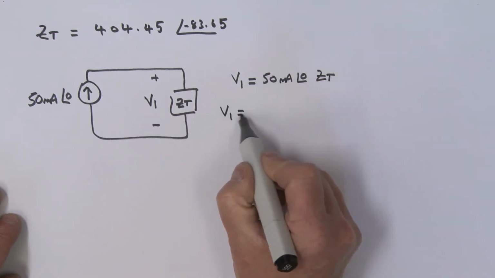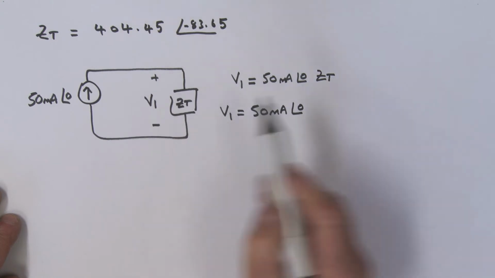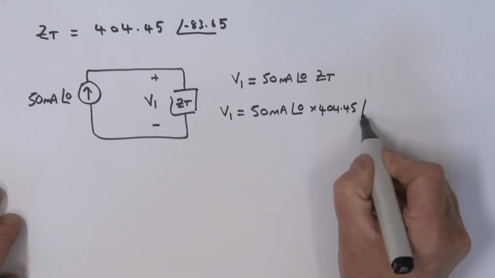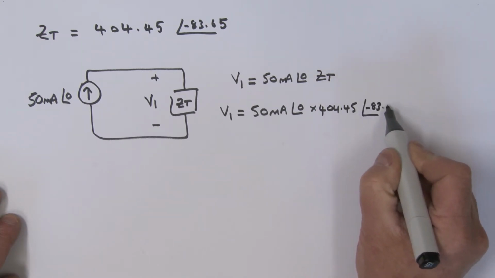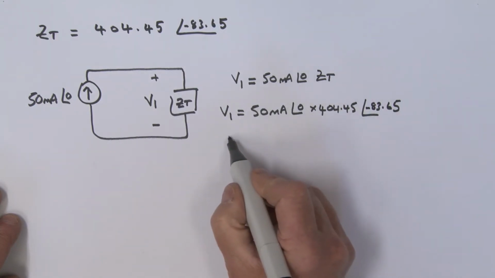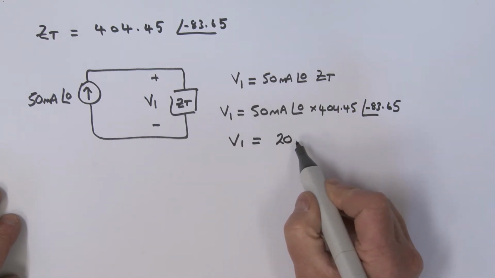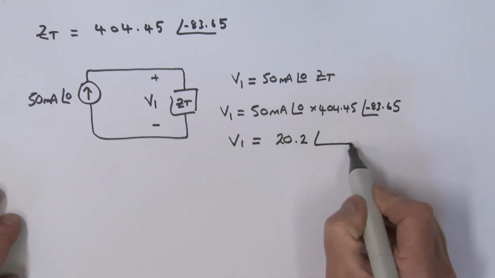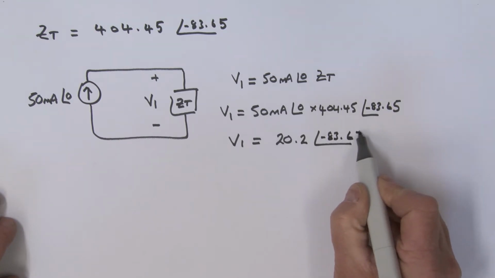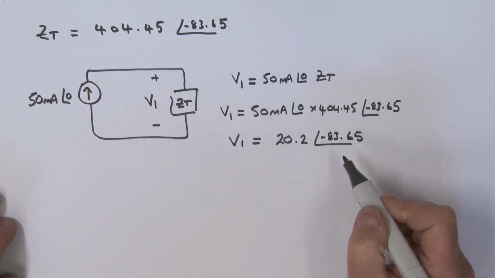So therefore V1 is equal to this 50 milliamps, angle 0, multiplied by ZT, which is this 404.45, angle minus 83.65. All right. So if we work that out, we have this voltage V1 then being equal to 20.2, and my angle is a minus 83.65.